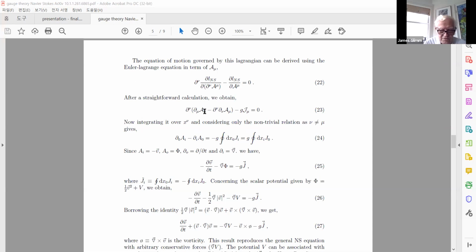Coulomb gauge is not gauge invariant because it fixes a gauge. And the derivation of the Navier-Stokes using a gauge theory fixes the gauge in the Coulomb gauge. So the gauge is there and then it gets fixed. And there's about 10 pages that prove this.